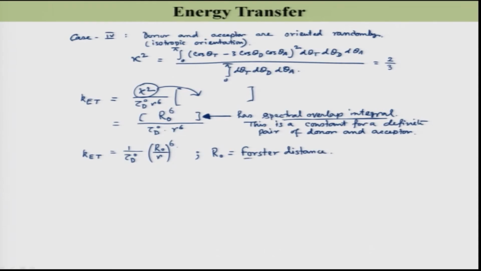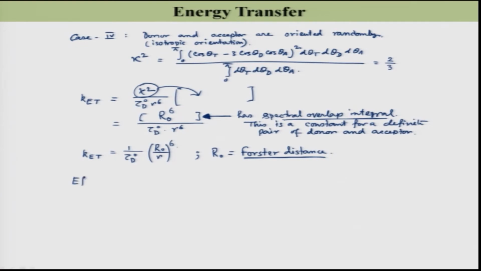That is known as Forster distance. Okay. Now, let me define a quantity which is called the efficiency of energy transfer, denoted by capital E. Right. Let me define it and then I will explain what that is.